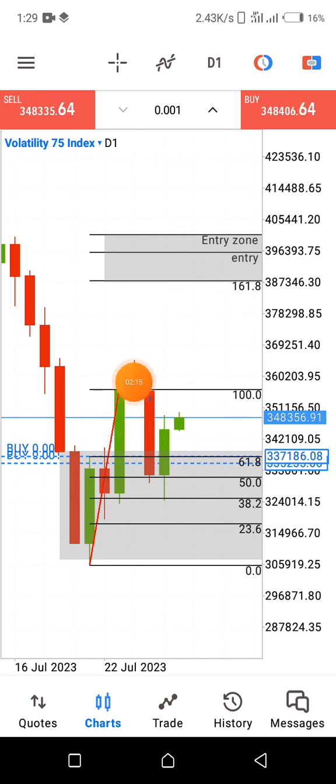Other times it will just move this way and then retrace back to the zone, tap into the zone before making this move to 161.8. In this case now, that's what is happening. After the green candle closed, we have a retracement to the zone again before going to 161.8. But it doesn't really happen this way every time.